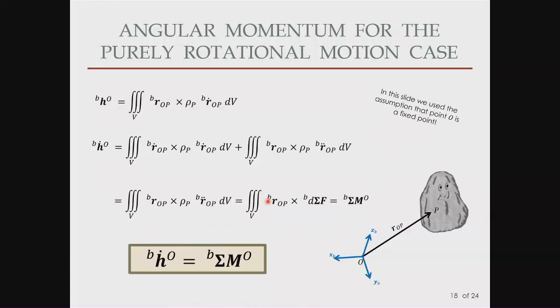And now we are doing the relationship between H dot and sum of moments when H is calculated about O. And again, I'm working here under a very strict assumption of purely rotational motion. So a rigid body performing purely rotational motion, otherwise it doesn't work.